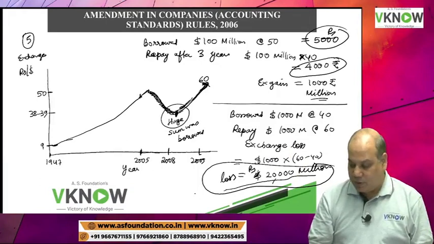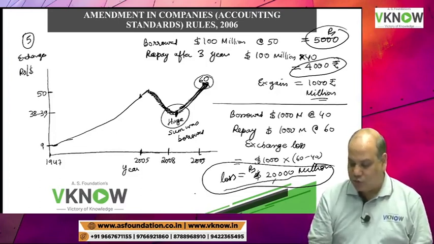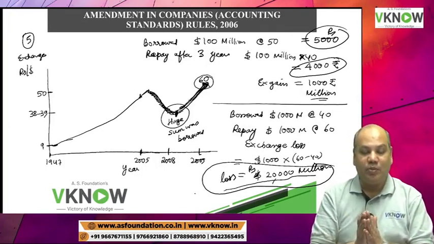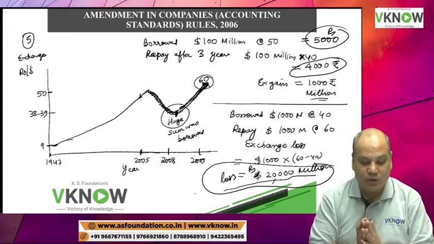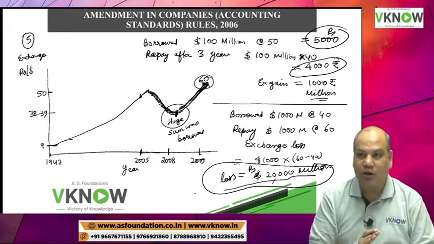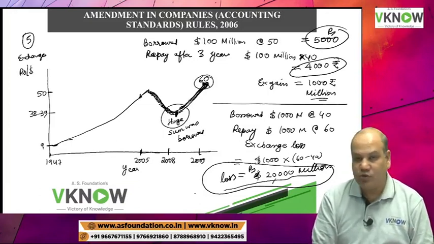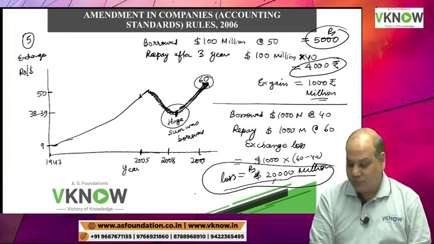So then what happened? Industries and entities went to the institute. In year 2009, all these big industrialist company managements went to the institute. Sir, please do something. Please protect my P&L account. My profit and loss account is showing loss because of this Accounting Standard 11.